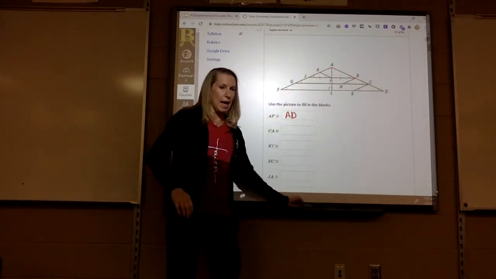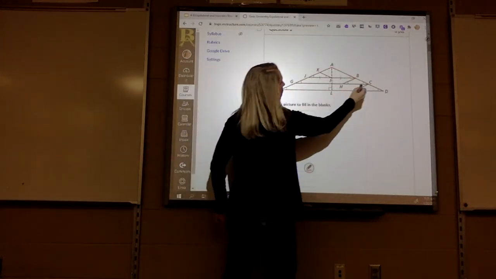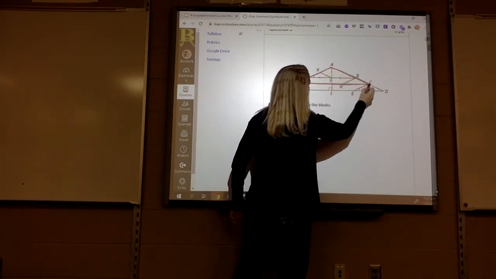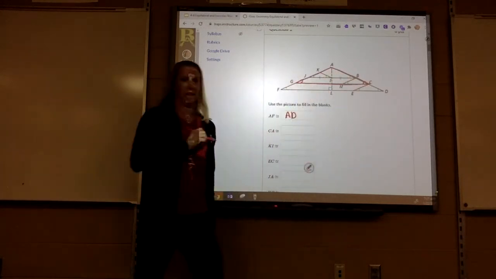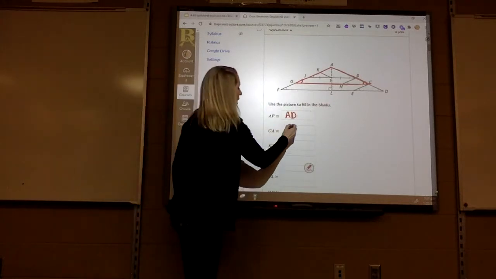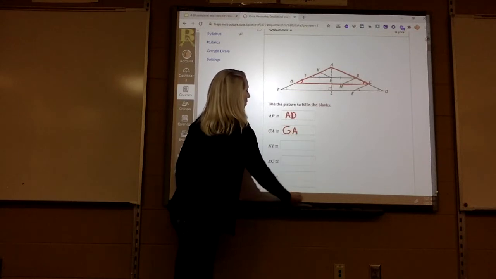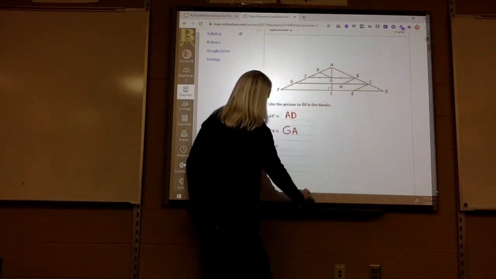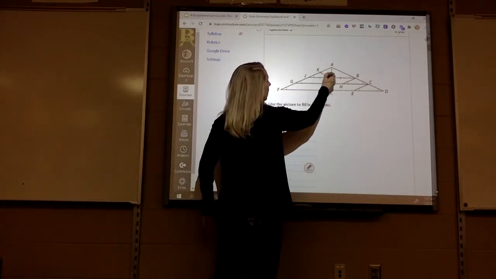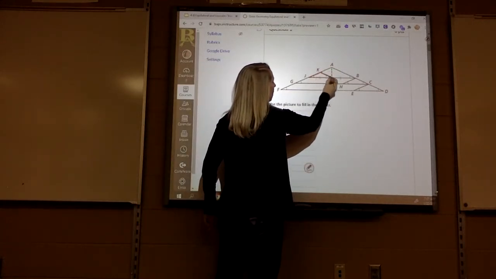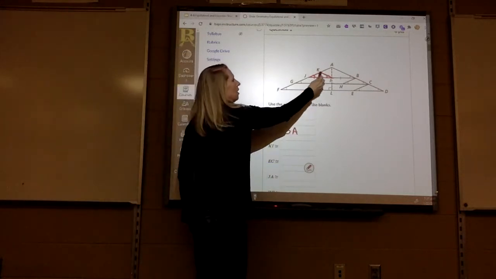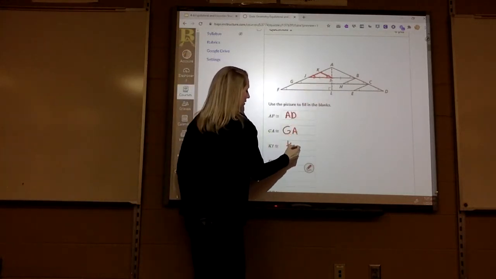Okay, so CA would be this triangle. So CA would equal, I hope you said GA. Okay, let's go to KI. So KI is this tiny triangle. Look at this little itty bitty triangle. So KI would equal KJ.